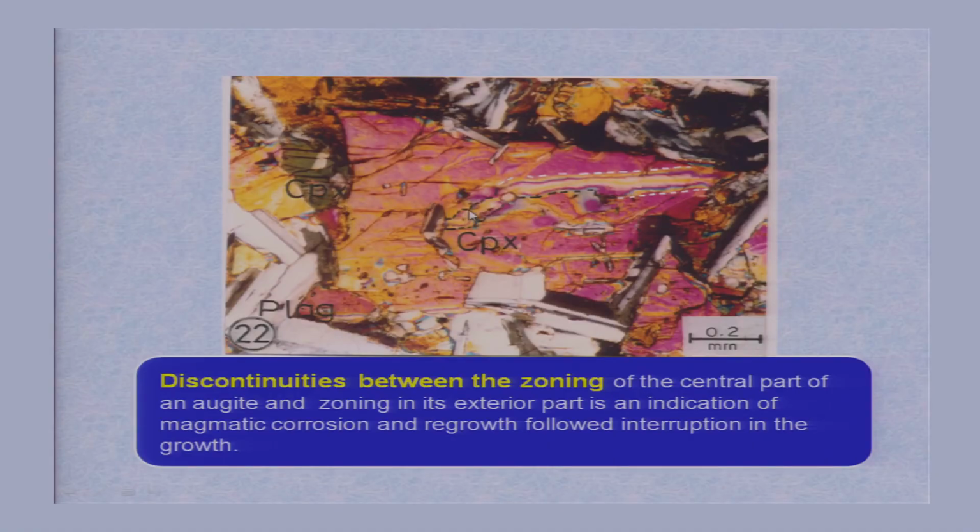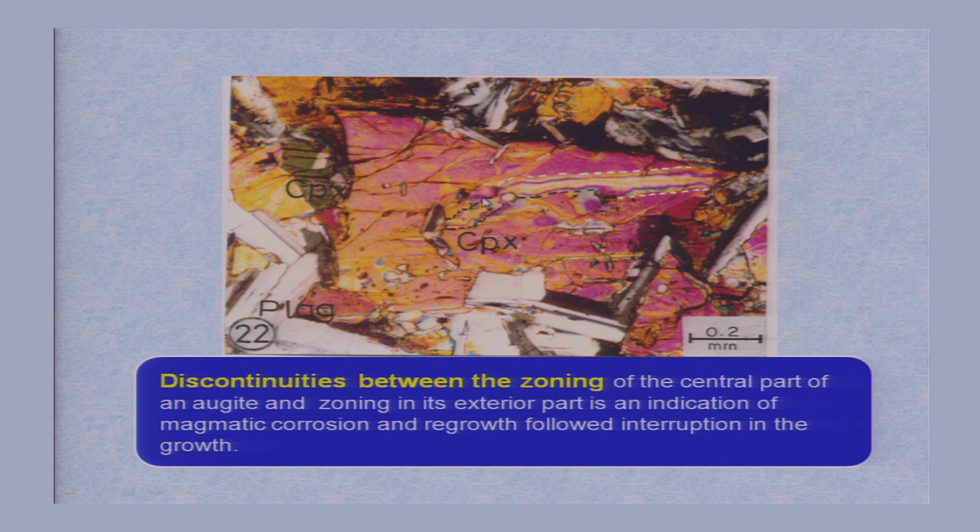Now, I am citing an example of discontinuities between zonings. See, this white dotted line shows discontinuities between the two zonings. The entire field of view is covered by a large crystal of CPX, better called clinopyroxene, and the most common clinopyroxene is augite. The white dotted line represents the zoning of the central part of the augite, in this portion, and the zoning in its exterior part.